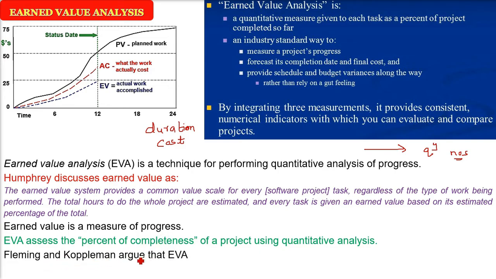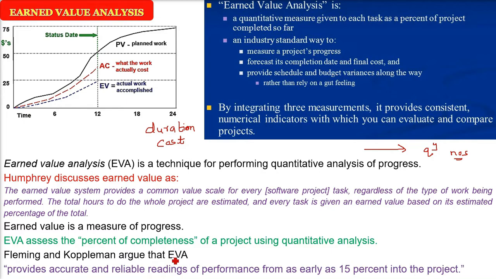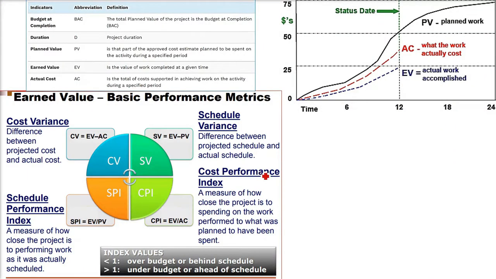Fleming and Koppelman argued about EVA that if your project has a schedule, say 100% is your schedule, when you reach 15%, just by then it starts giving you very accurate and reliable readings, the numbers of performance in terms of duration, cost, whether you are ahead, whether you are behind.